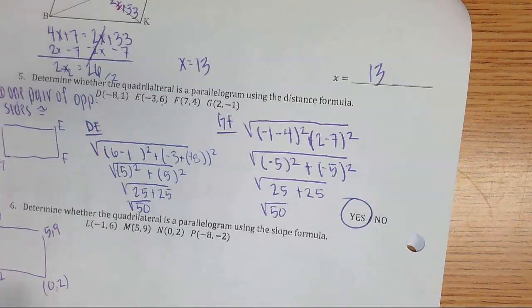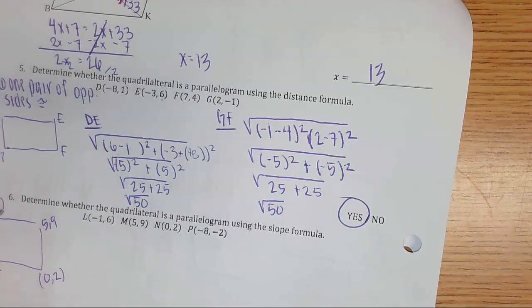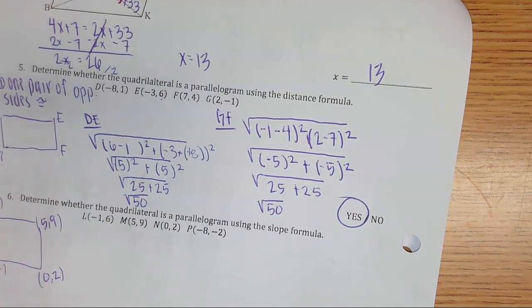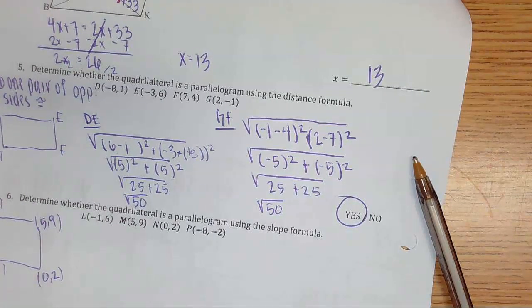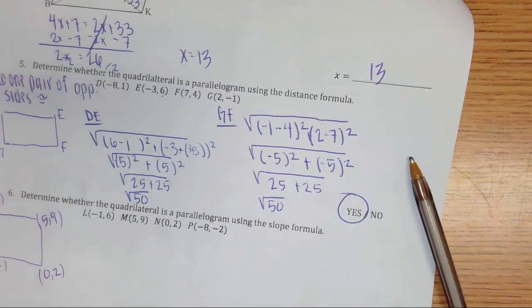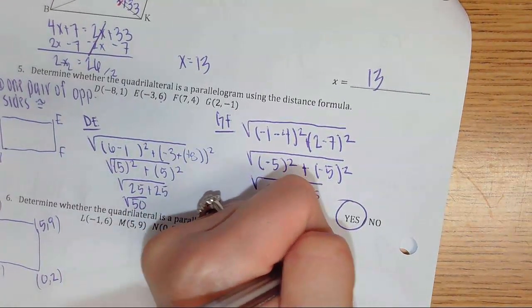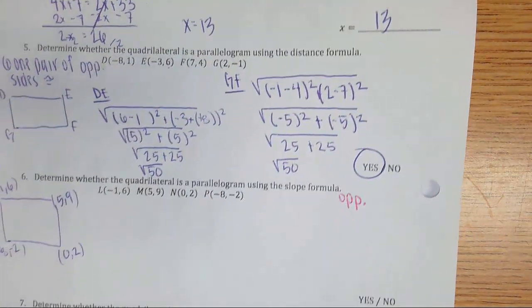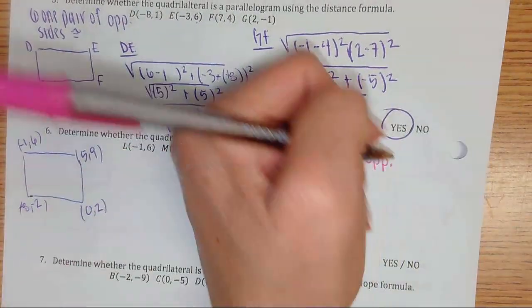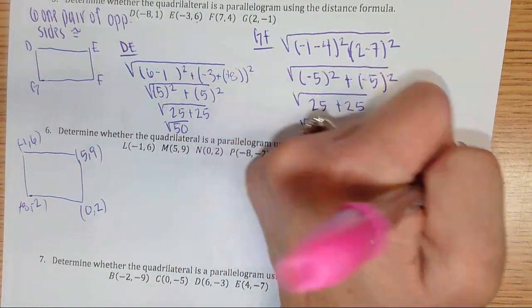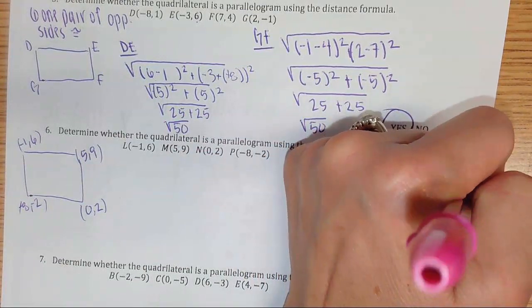So what I'm going to do is make sure that the opposite sides are parallel. Sorry, I was thinking a square or a rectangle there for a minute, in perpendicular, but it's just a parallelogram. So opposite sides parallel is what we're looking for.